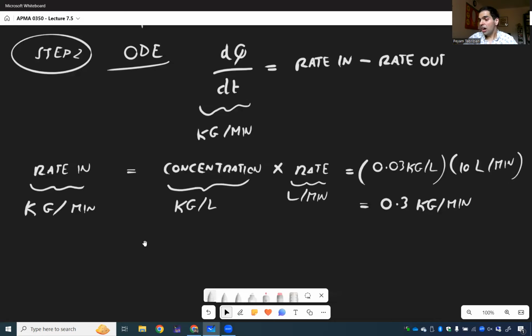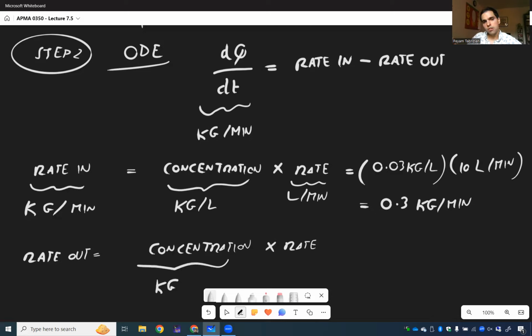For the rate out, it's just slightly more complicated. It's still the concentration times the rate. Once again, kilograms per liter, and then the rate in liters per minute.